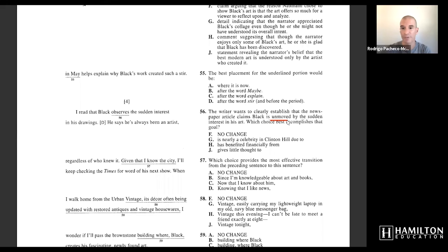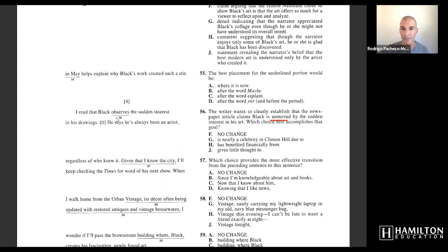So that is the purpose of the correct answer. We want to express this idea that Black is unmoved, meaning that he is unaffected, he is unfazed by this new attention on his art.